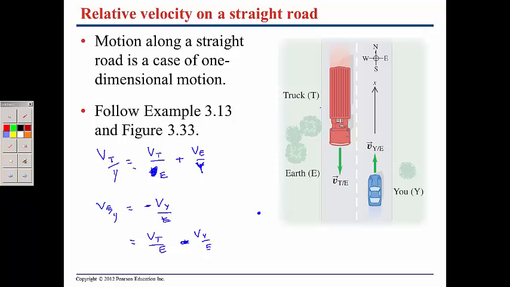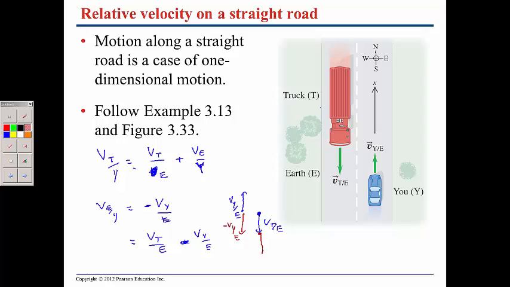And if we just add those together, here we have the velocity of the truck with respect to the earth, and right up here I'm just going to draw the velocity of you with respect to the earth. And what we want to do is add the negative of that. So that's going to be negative velocity of you with respect to the earth.